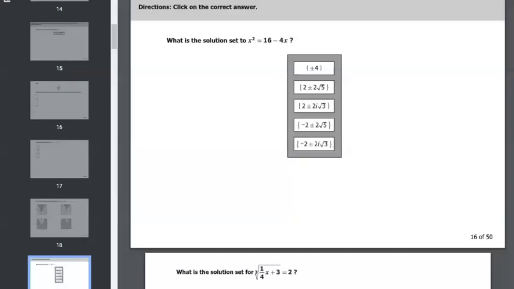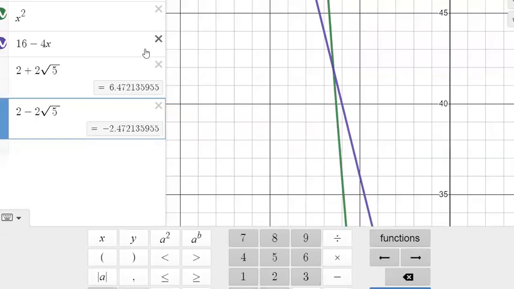So what was my other answer choice? Negative 2 plus or minus 2 square root of 5. Let's try the fourth choice. So what I'm going to do is put a negative sign out in front of the 2, and that's probably going to change my answers. Yep.